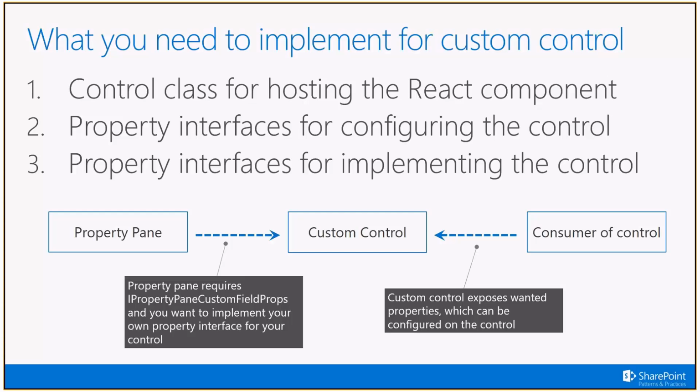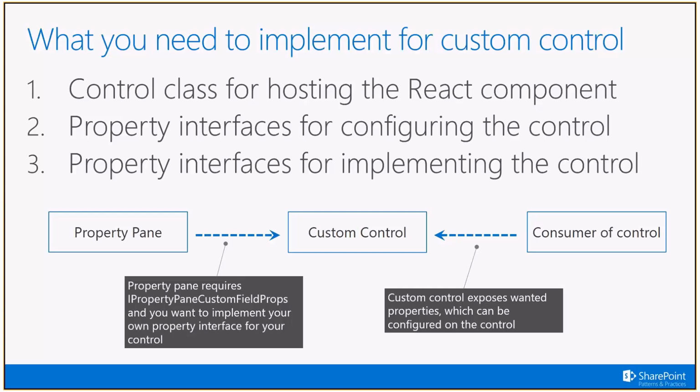That's something you have to expose to the property pane, but you don't want to expose it on the right-hand side. If you look at the chart, you don't want the developer who would use the control within the web part to be able to call that, because they might not have the need, or you want to control that yourself and not have them implement it.